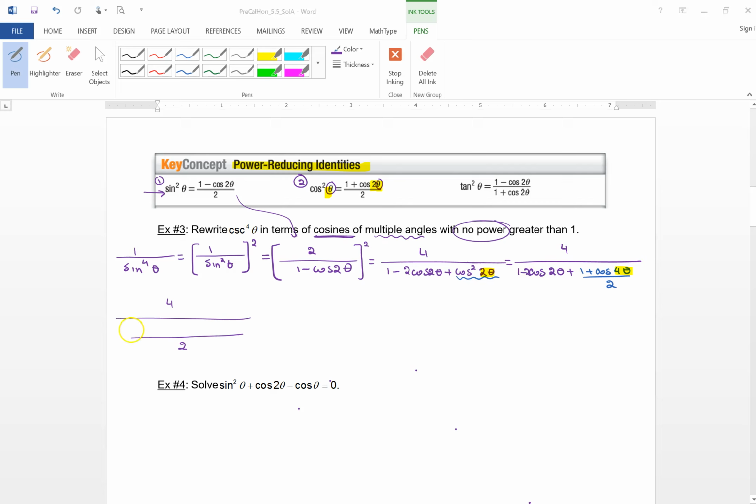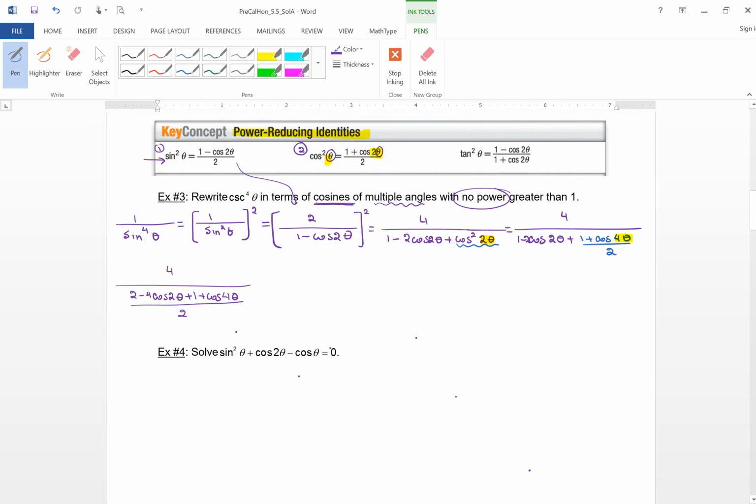So it'll be 2 minus 4 cosine 2 theta plus 1 plus cosine 4 theta. Now, is this a minus or a plus? It's a minus, right? Here.